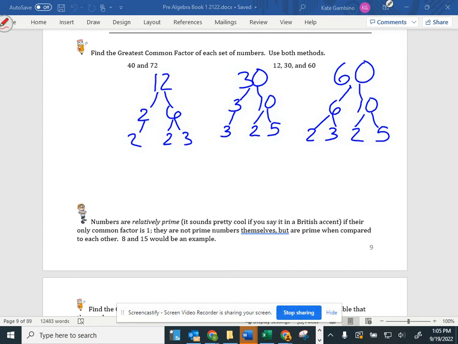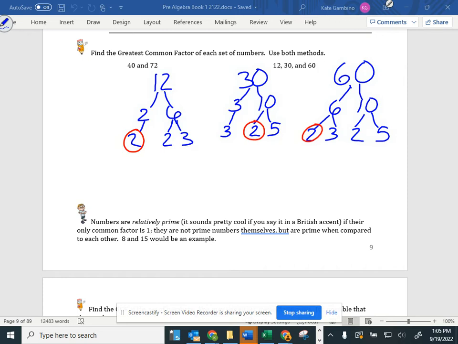So, I see there's a 2 here. That matches with that 2 and with that 2. Okay, there's a 2 here. Oh, there's not another 2 here. So I can't circle that 2 because there's not another 2. You only circle one 2? Yes.